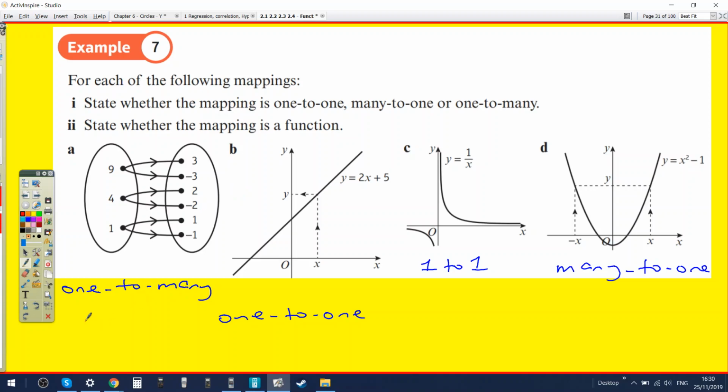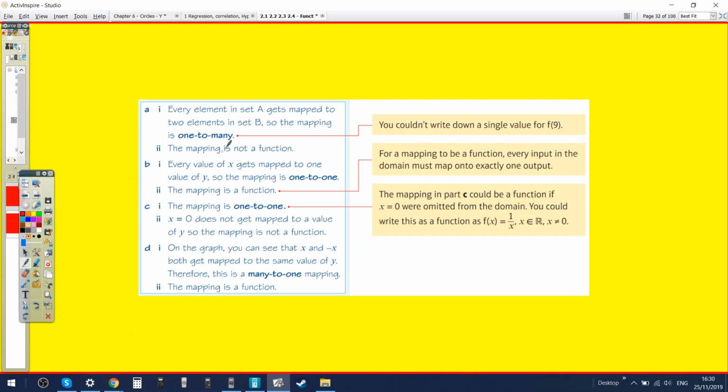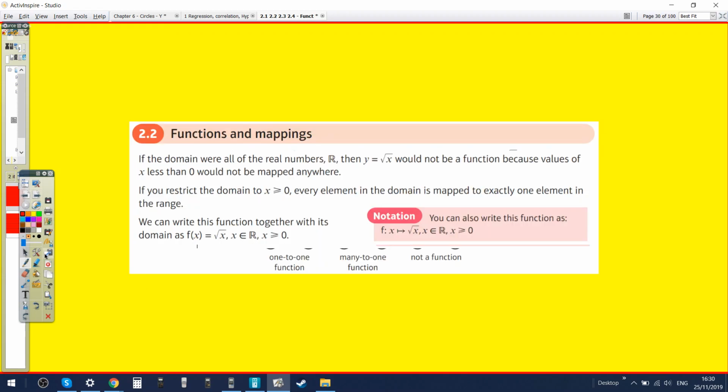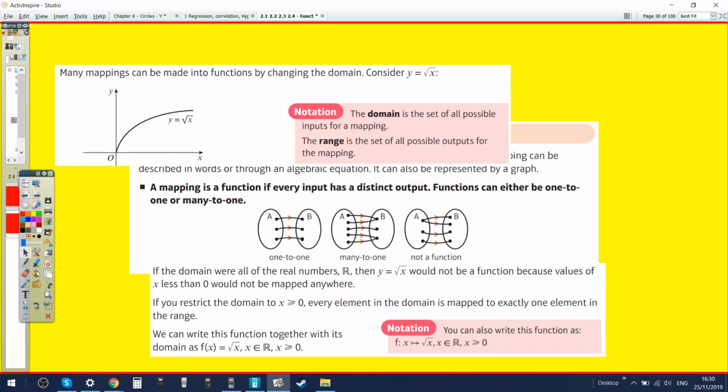So A to C would all be functions then? Yes. And then that one's not a function. And hopefully I'm remembering that correctly. Let's see. Oh, it's the other way around, is it? Wait, hold on. Every element. Oh, where did I go wrong here?